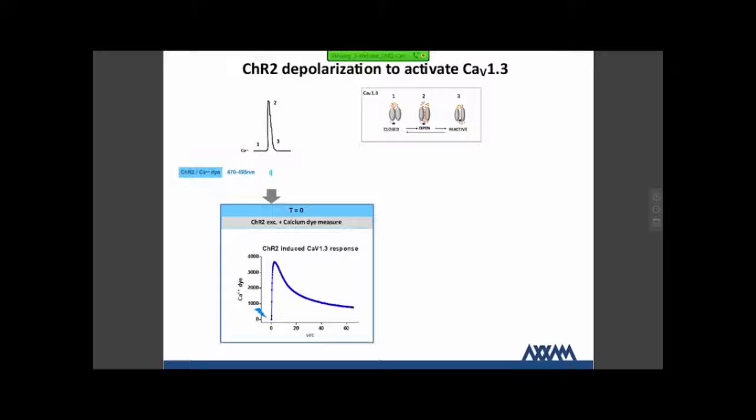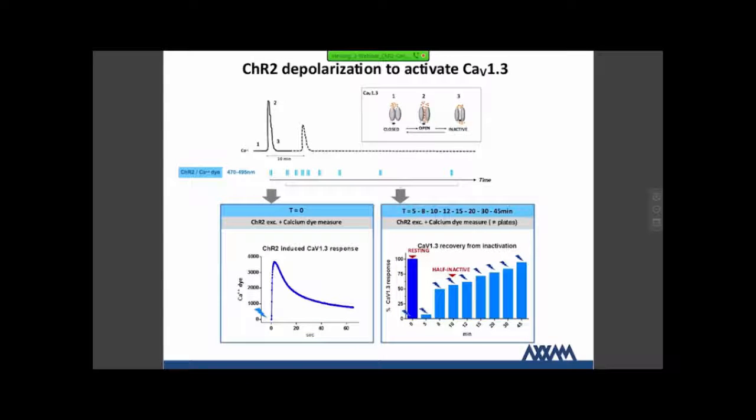As you know, when Cav1.3 channel opens, it rapidly undergoes into an inactivated state. So what we did is a repetitive light stimulation to follow the time course of the recovery of Cav1.3 channels from inactivation. You can see in the right low panel, if you immediately repass the plate, for example, after 5 minutes, the depolarization will still be on.